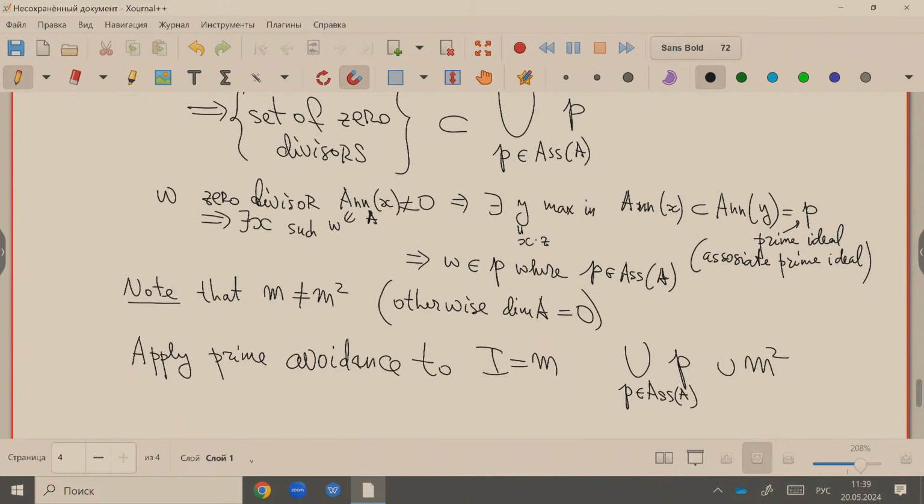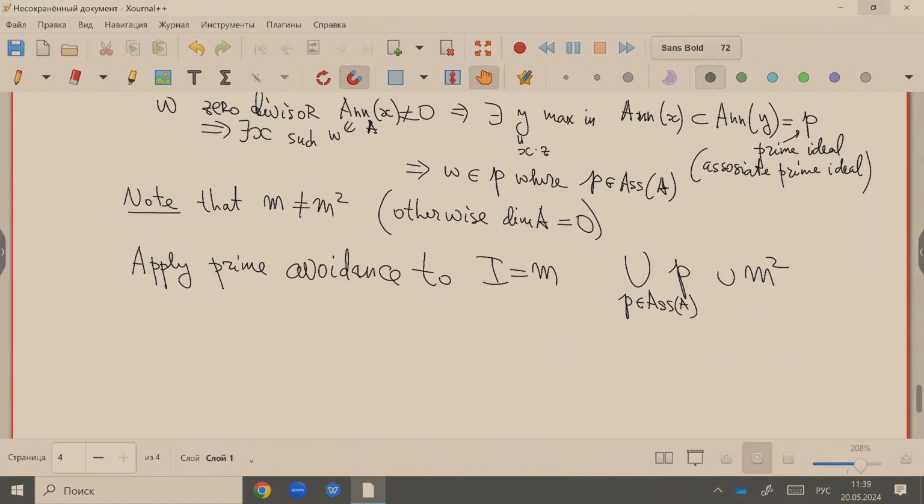So this means that we shall get an element x inside. So note why prime avoidance is applicable.